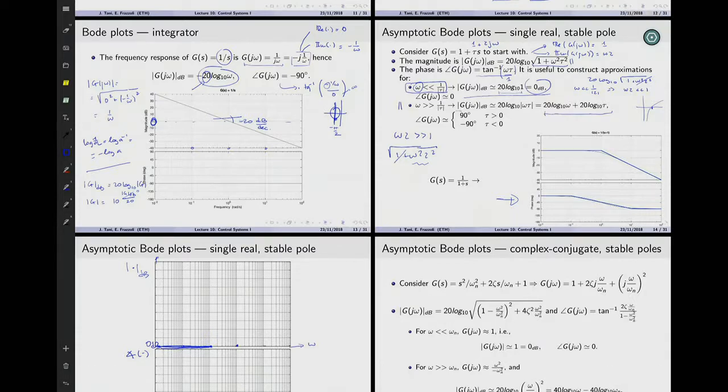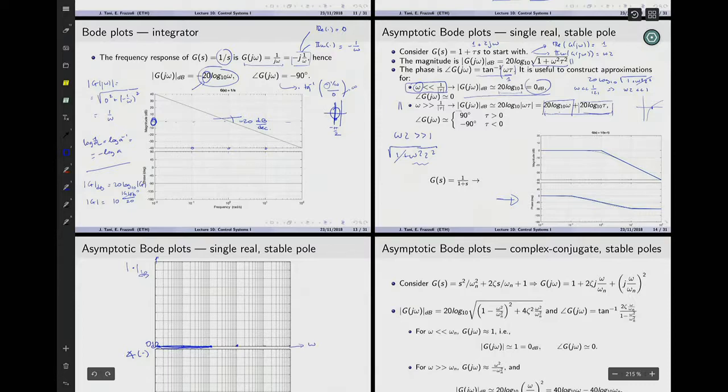It tells us that the magnitude in dBs of a binomial term is a line at high frequencies that has a slope of 20 dBs per decade and crosses the x-axis when omega is equal to 1 over tau.